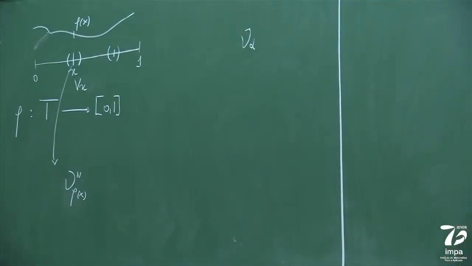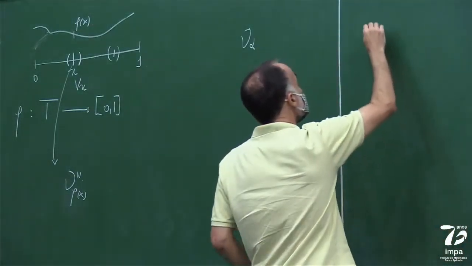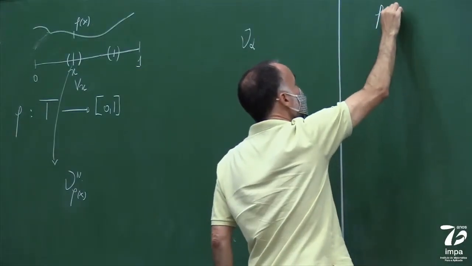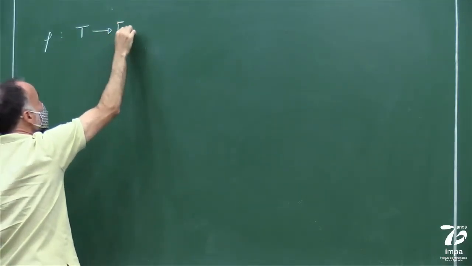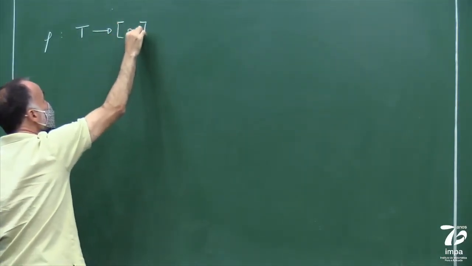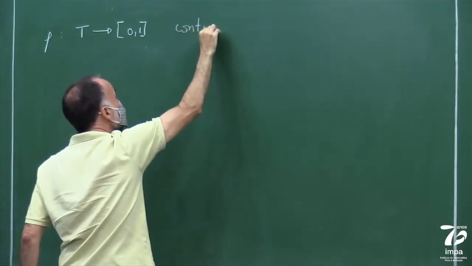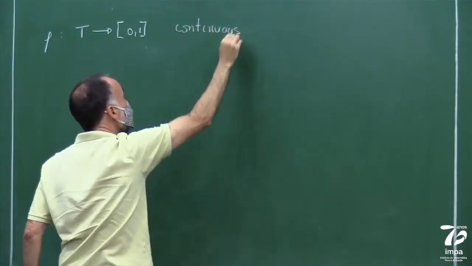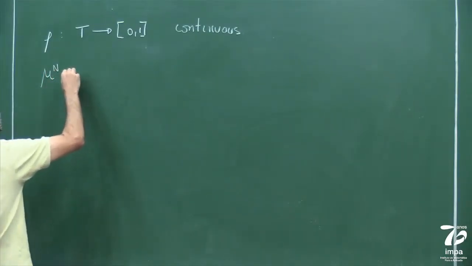Okay, so given this function from the torus to [0, 1], and say that it's continuous, for the moment, I would say that mu n.